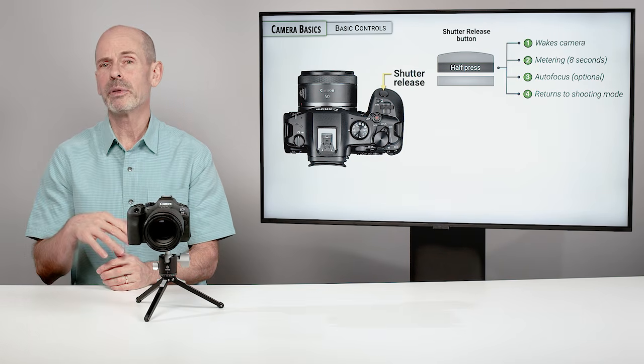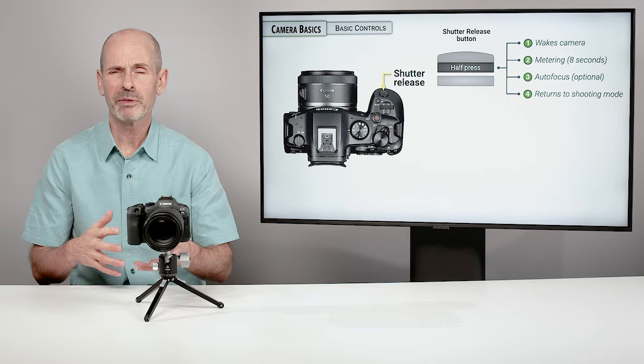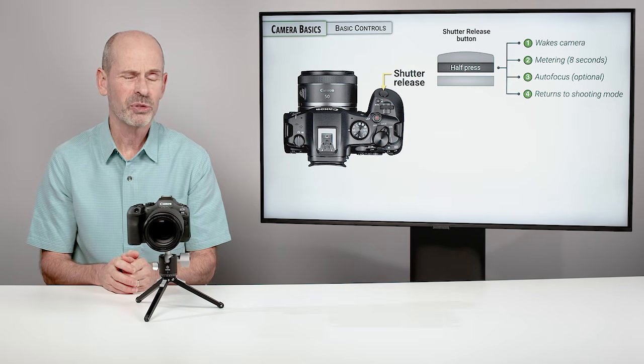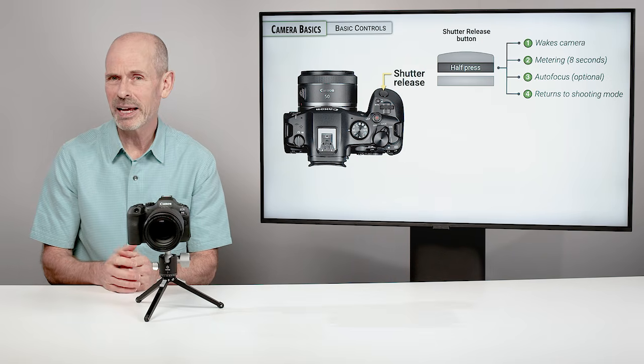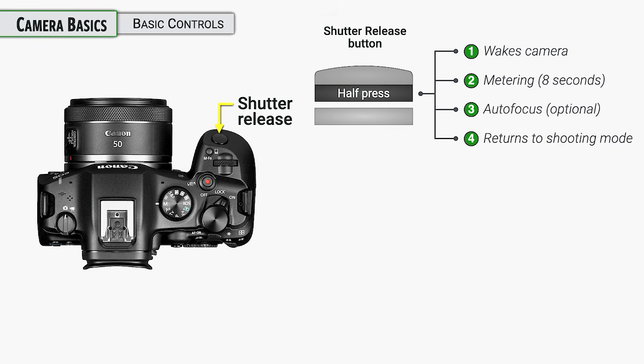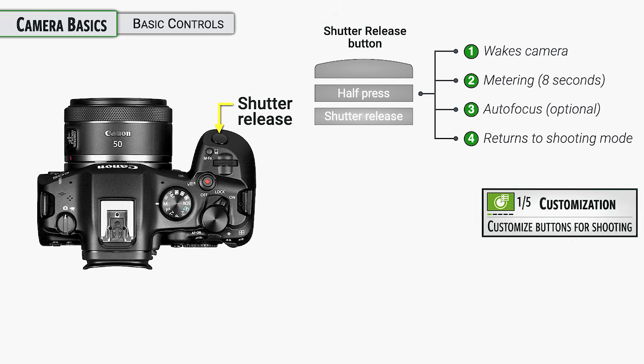And then finally, if you're in the menu system, if you have any sort of operation of the camera set up so that you're looking at menus and so forth, and you're not sure on how to get out of it, just press halfway down on the shutter release, and that always kicks you back into the shooting mode and makes those menus disappear. Press all the way down to take the photo, obviously, but you want to be very familiar with where that half press is, because there is a lot of operations on the camera that happen with that half press.